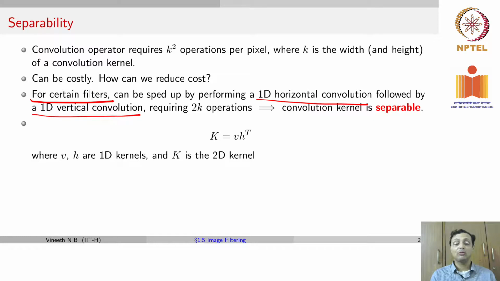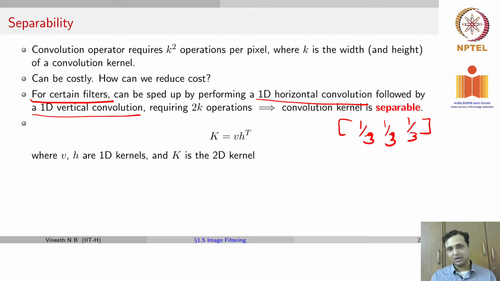So if you're performing a 1D convolution along every row of the image, you would define a one-dimensional filter. A one-dimensional filter would be something like this: not 1 by 9, in this case it will become 1 by 3, 1 by 3, and 1 by 3. Because there are 3 values, if you're normalizing, it would be 1 by 3. This is a one-dimensional filter.